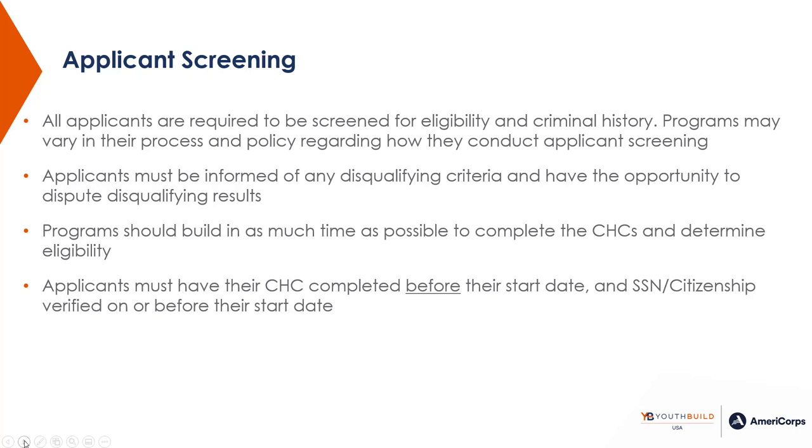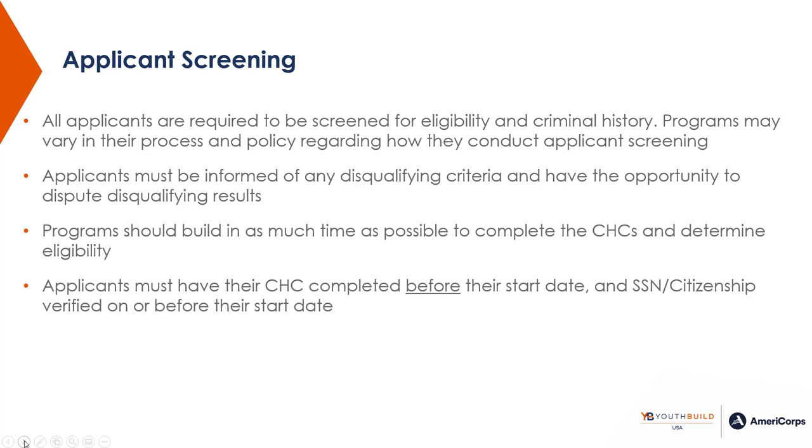So just be aware that you want to have any additional requirements that you're going to have in writing. We have the basic requirements in our member service agreement template that you can find on our website, but anything additional the program would need to add to that document or another document provided to applicants.